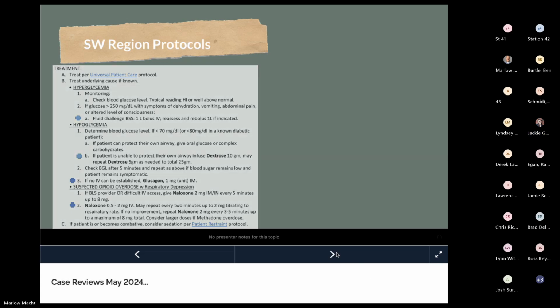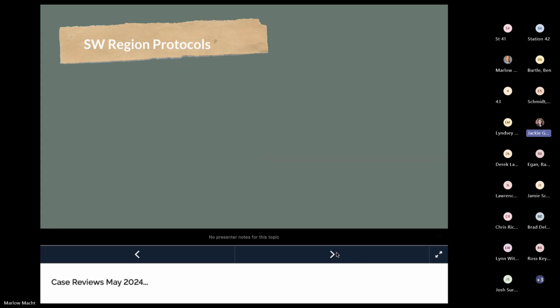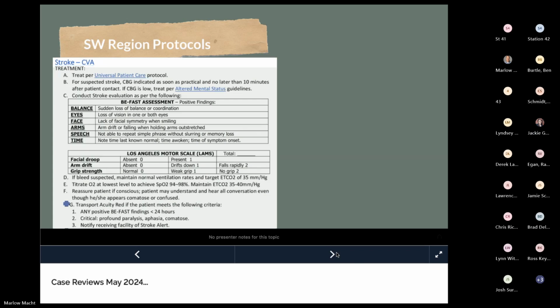Oh, I might have the stroke step up next. Yeah. So if you're concerned for stroke, identifying, assessing and documenting BE-FAST, or reasons why you couldn't do a BE-FAST, as BE-FAST is the only stroke assessment score that we recognize or support. And then if BE-FAST is positive, identifying and scoring a LAMS score.